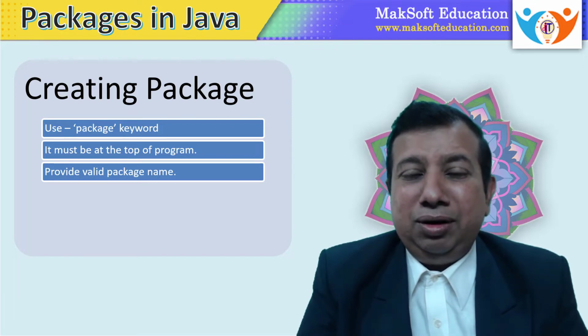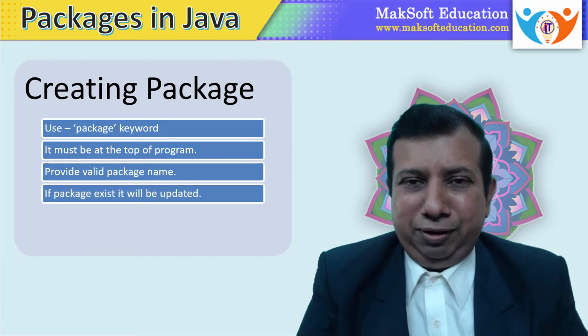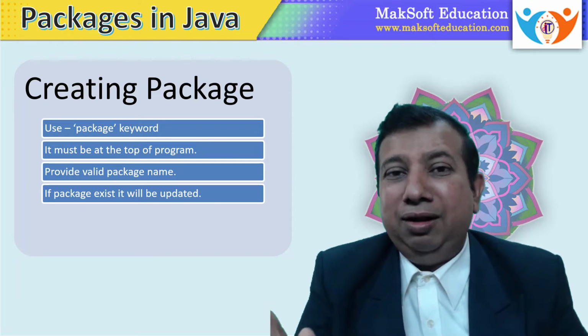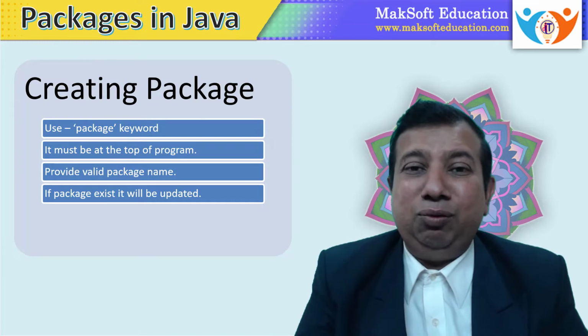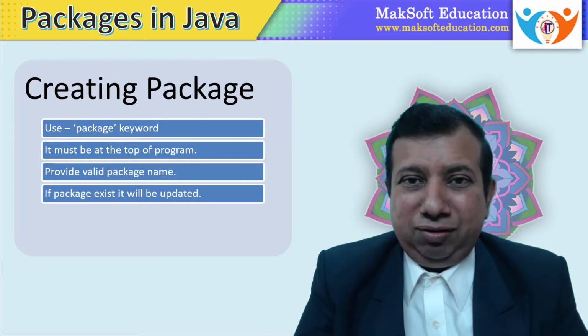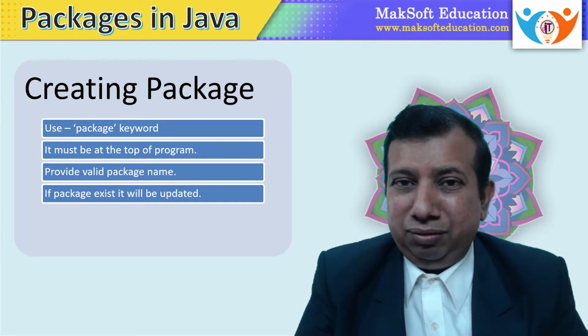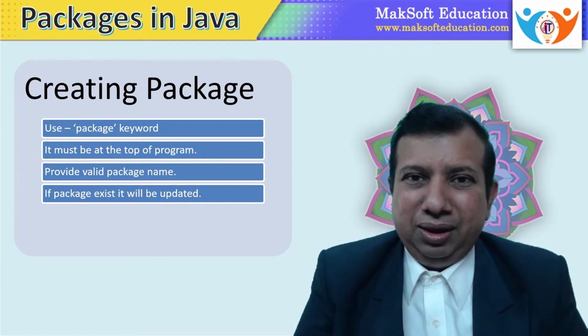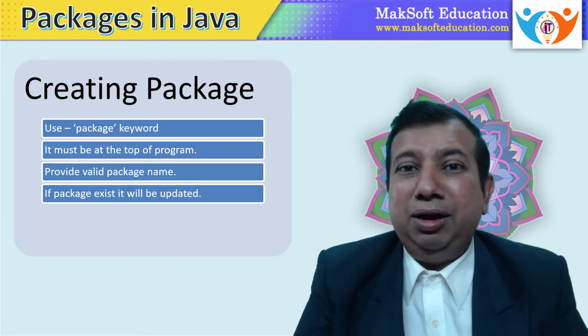Next thing we have to remember is how the package will be created. If you are writing package at the top and then the package name, then first it will check whether that package really exists or not. If the package that you have mentioned in a program already exists, then that same package will be updated.